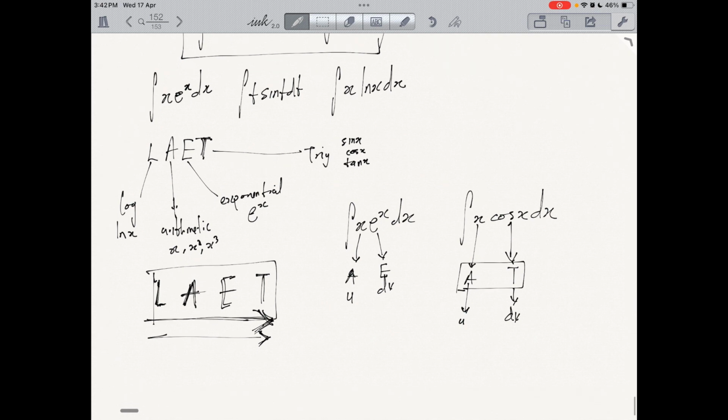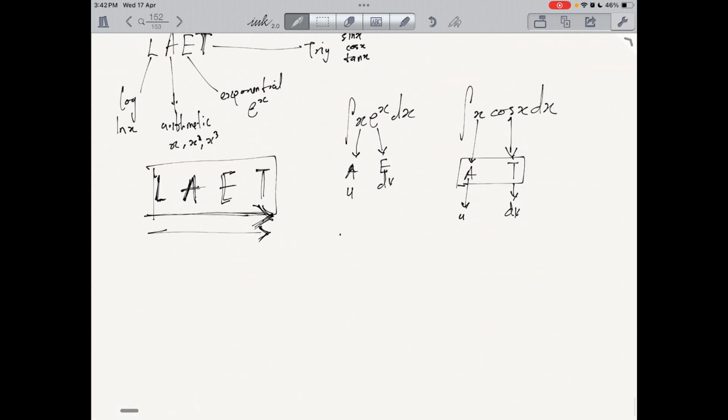Let's try to explain further using the integral of, let's say, 2x ln x. Now in this case, we have arithmetic and also we have logarithm.